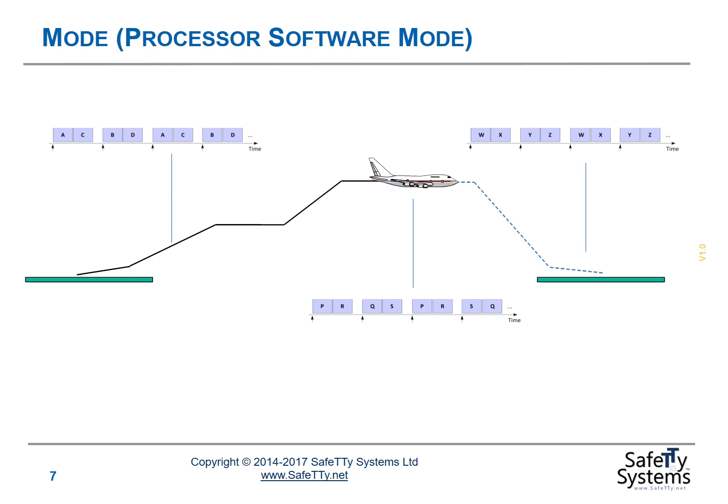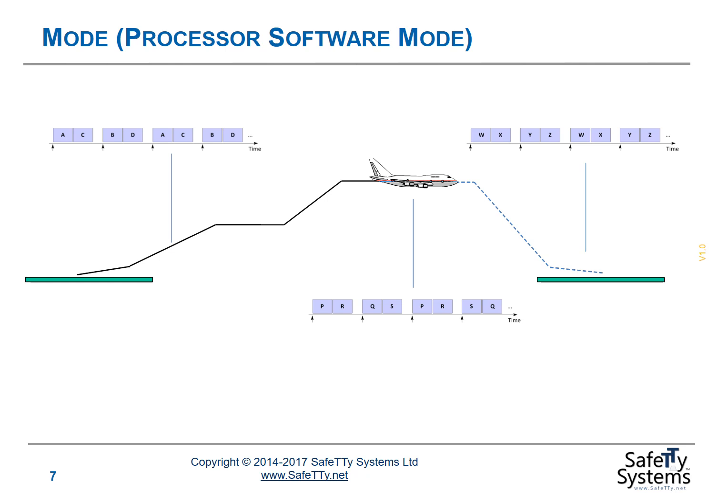Then when the plane's at cruising height, we're running a different task set, P, R, Q, S. And in the final mode that's considered in this diagram, while the plane is coming into land, we're running a further task set, W, X, Y, Z.